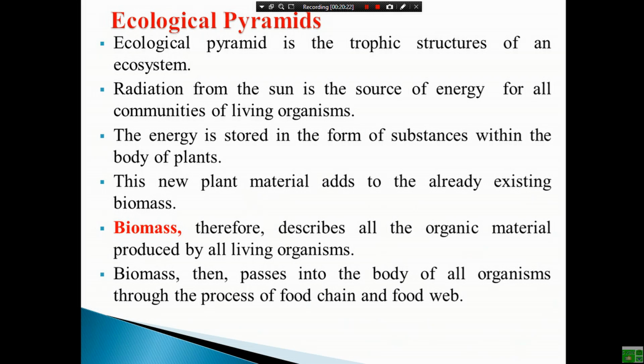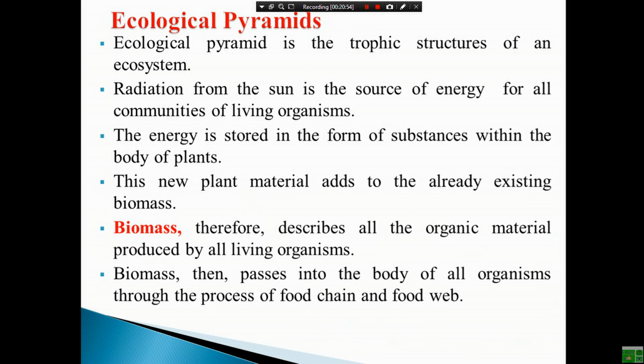The next topic we are going to discuss, the third part, is ecological pyramids. An ecological pyramid is the trophic structure of an ecosystem. Ecological pyramids have a number of categories. Before we discuss that, let's see how they occur. Radiation from the sun is the source of energy for all communities of living organisms.